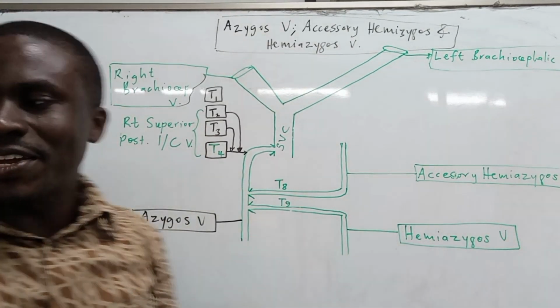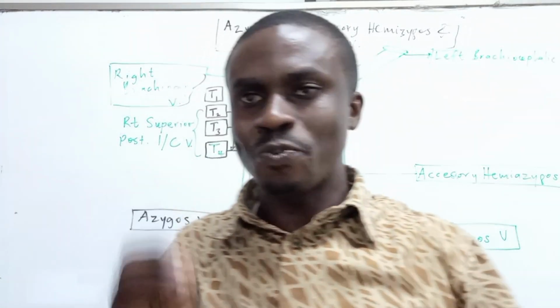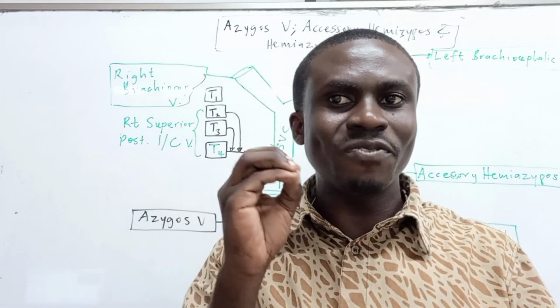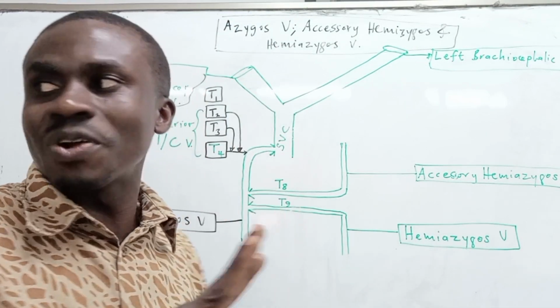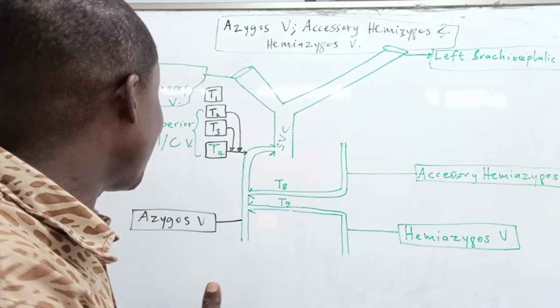So whenever we say right superior posterior intercostal vein, it's a single vein, but the contribution is coming from three different posterior intercostal veins toward the right.